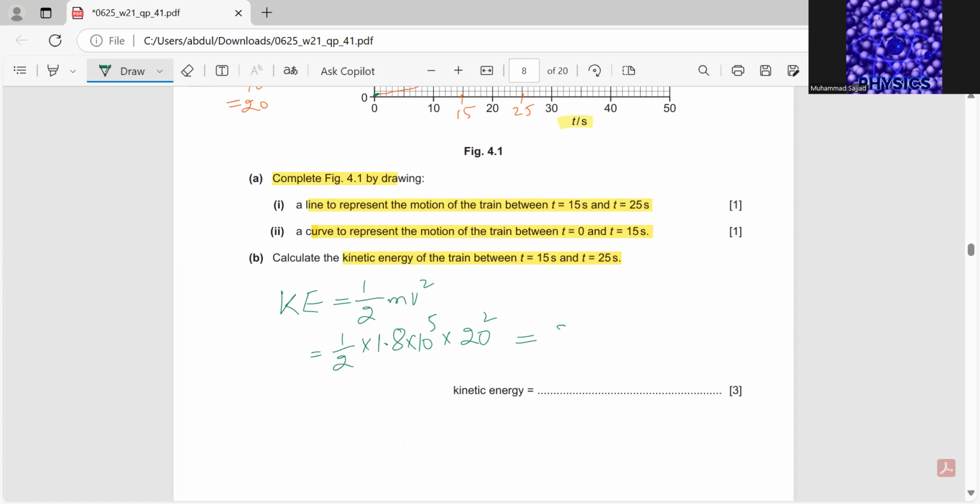Answer comes to be 3.6 times 10 to the power 7 joules. Don't forget to write the unit.